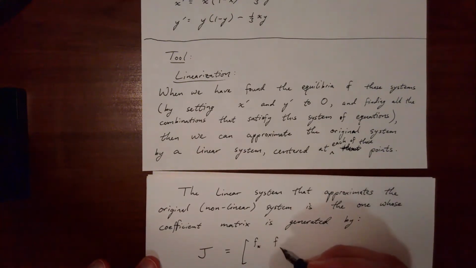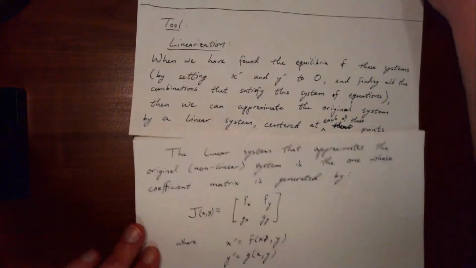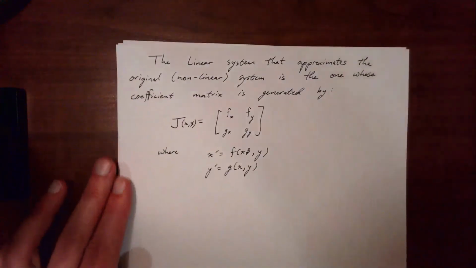fx, fy, gx, gy, where x prime equals f of x, y, and y prime equals g of x, y.